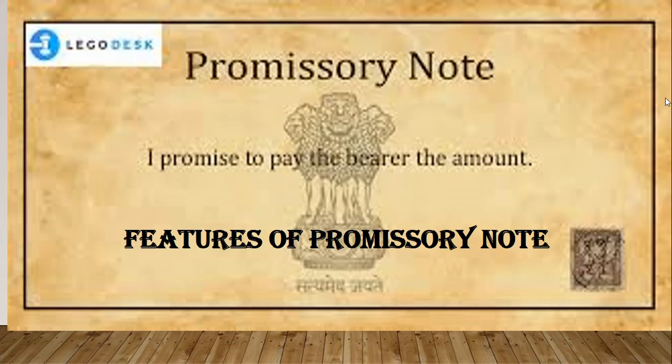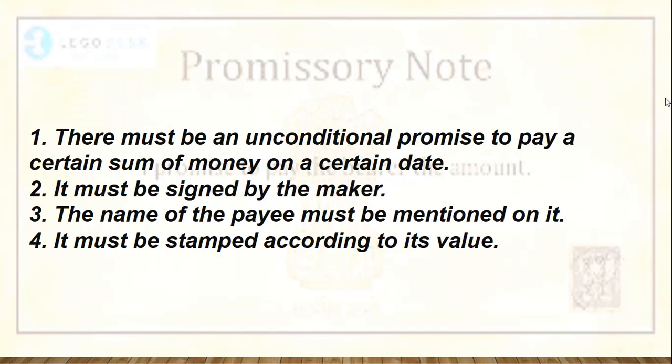Features of promissory note. There must be an unconditional promise, not an order, to pay a certain sum of money on a certain date. It must be signed by the maker. The name of the payee must be mentioned on it. It must be stamped according to its value.